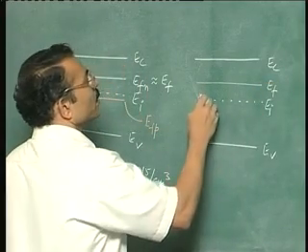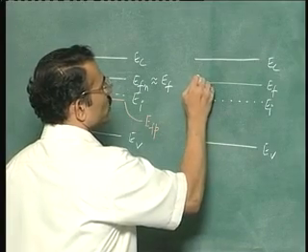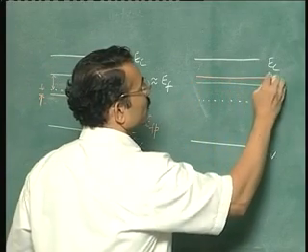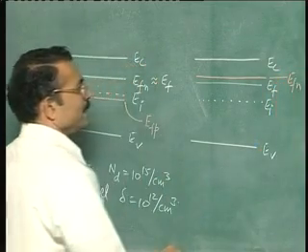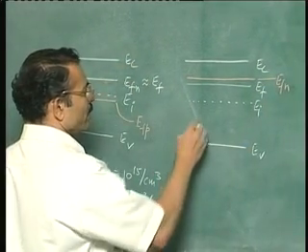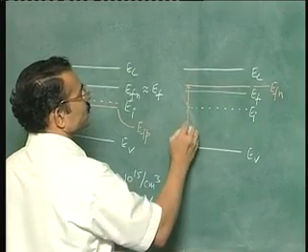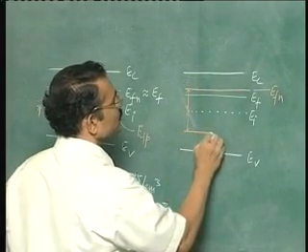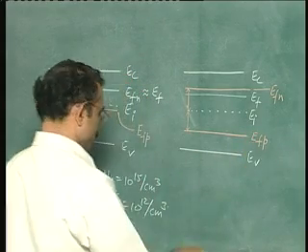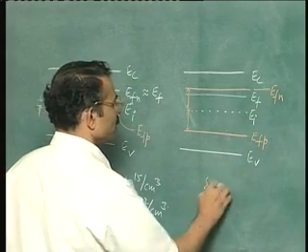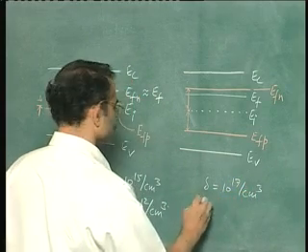Now your majority carrier concentration has increased to 10 power 17, so you will have a new quasi-Fermi level for electrons. This is EFn, and you will have a new quasi-Fermi level for holes exactly at the same distance below. So this is EFp. This is for delta equal to 10 power 17 per centimeter cube, high level.